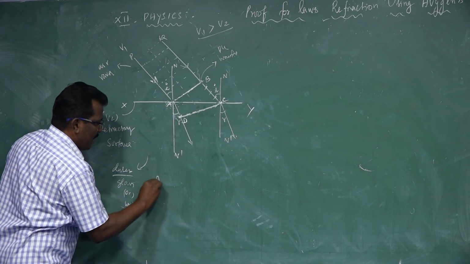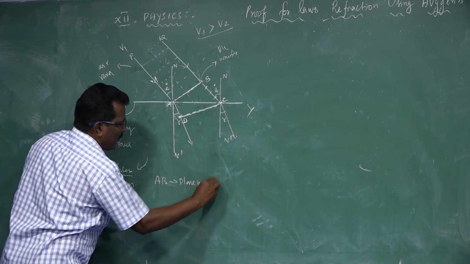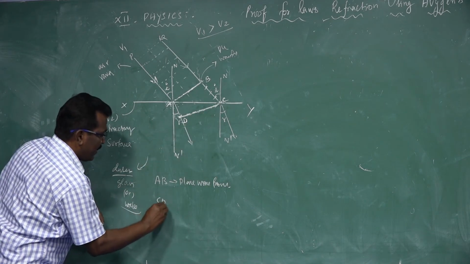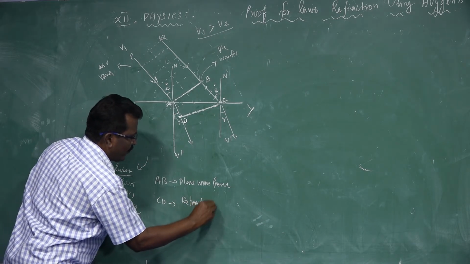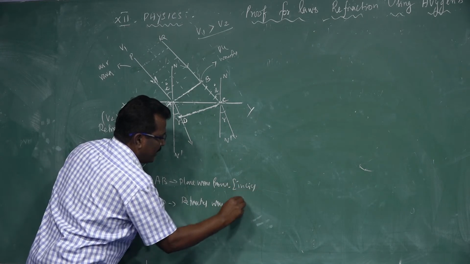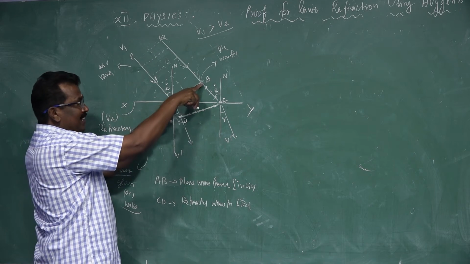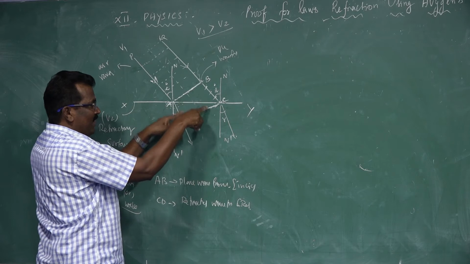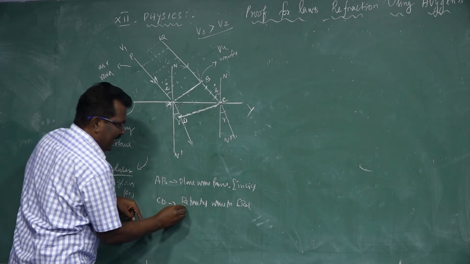AB is the plane wavefront, CD is the refracted wavefront. AB is the incident wavefront in air. After incidence, all the secondary wavelets travel a certain distance between A and C, and after refraction meet at a point between C and D. So CD is the refracted wavefront.